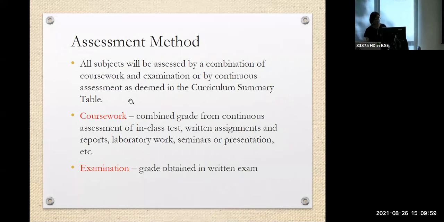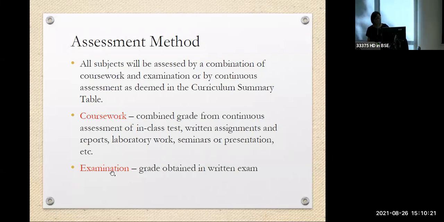Normally the assessment will consist of coursework together with examination. The coursework means 平時分, right? I think in your secondary school you also had coursework and examination. The coursework may include in-class tests, assignments, laboratory work, seminars, or presentations.